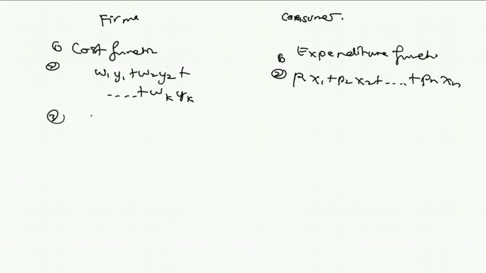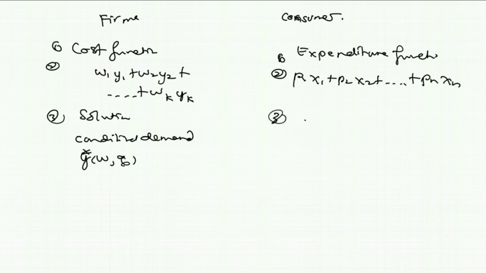Now the solution that we get, in the case of the firm, we call it conditional demand. And conditional demand here is y as a function of w and q star. But for the consumer, we have the utility function, and from there we can get the Hicksian demand function.